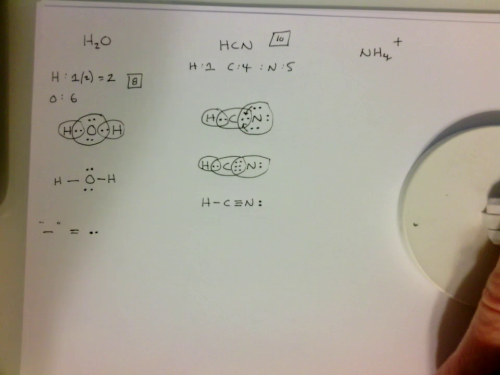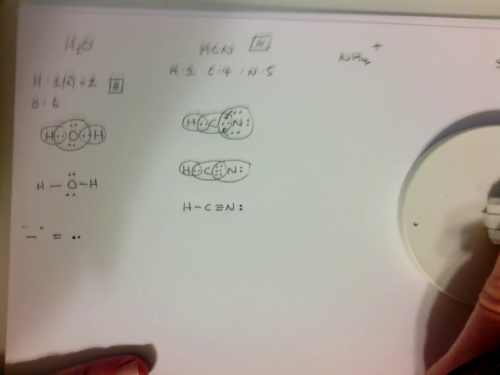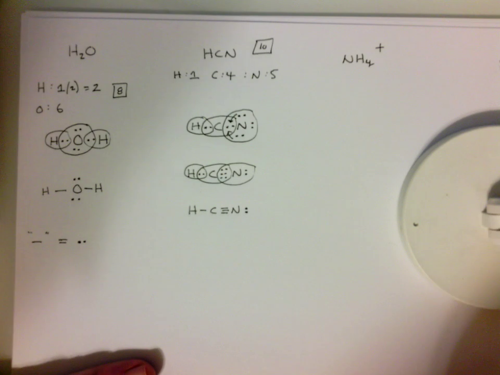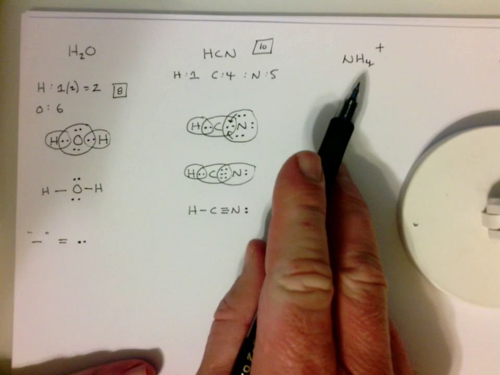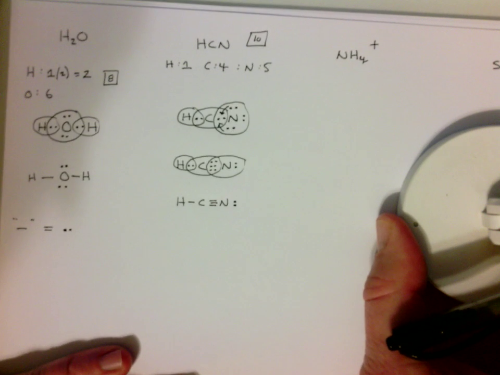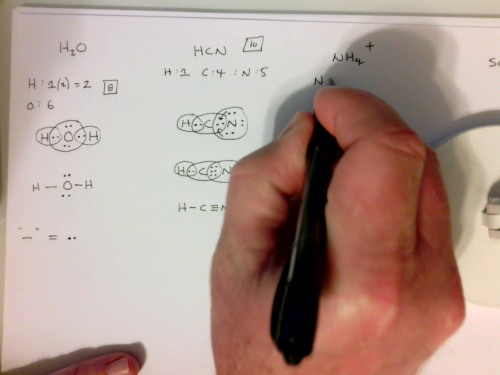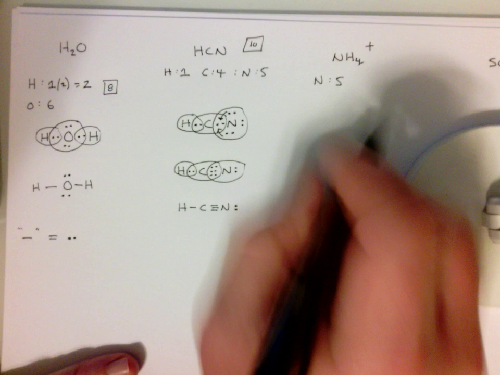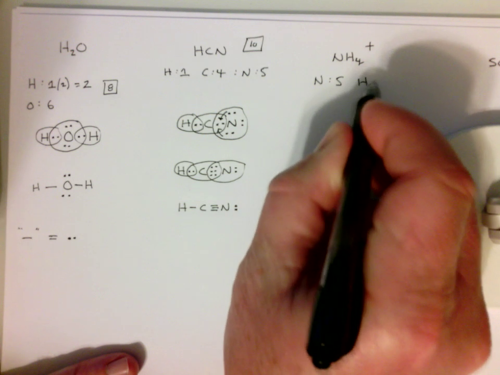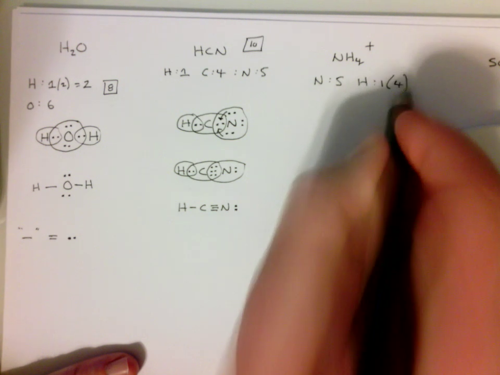The final one we're going to do in this video is NH4 positive. A reminder that when things ionize or have charge, they have gained or lost electrons. So, again, with our idea of total electrons available, N has 5, hydrogen has 1, and there are 4 hydrogens present.